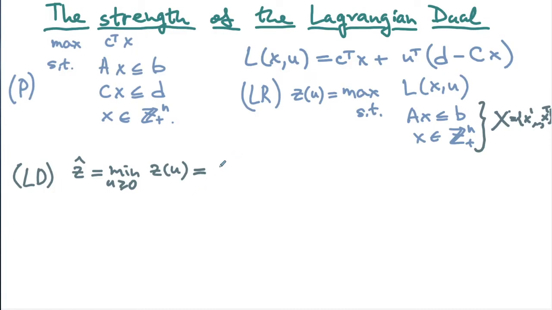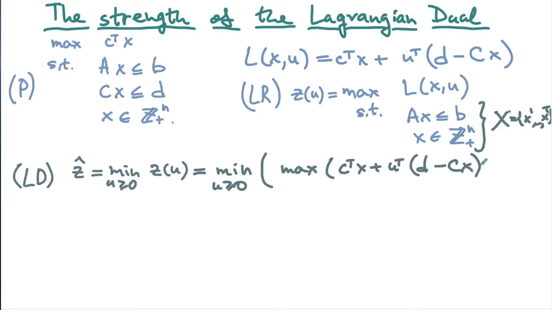So we have T capital points within the set x. Then we can write down the Lagrangian dual as follows. It's going to be the minimum over u greater than or equal to 0, and instead of z of u, we are going to write the maximum of the Lagrangian, which is c transposed x plus u transposed (d minus Cx), over x in x1 through xT.